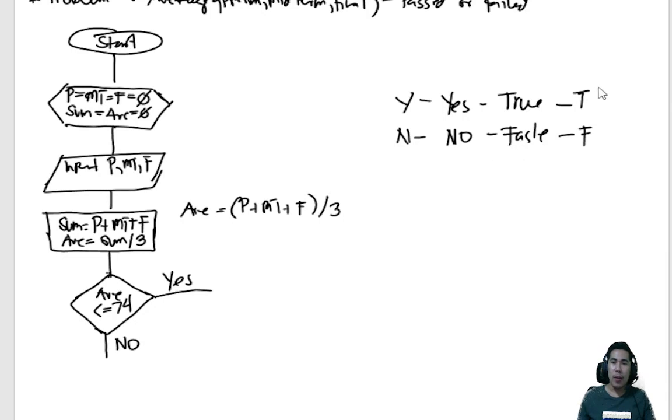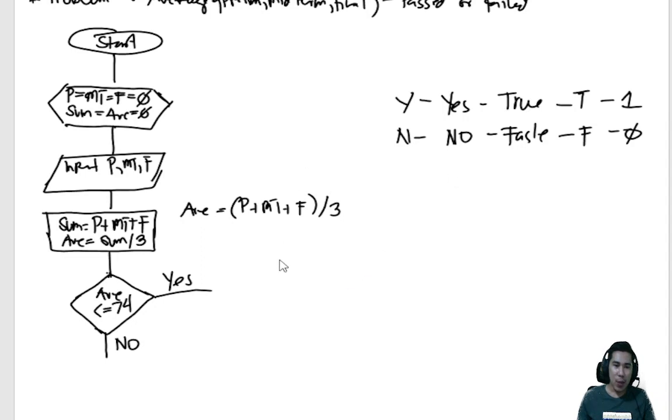Also, one can be represented by 1 and the other by 0. But I would recommend yes, Y, no, N, or true, T, false, F instead of 1 or 0. But again, it's up to you.